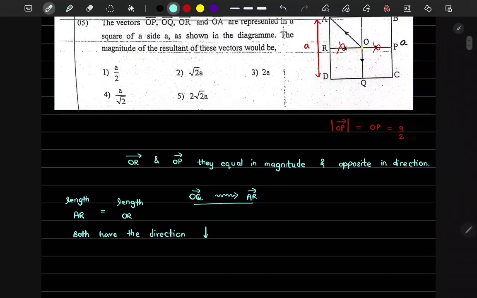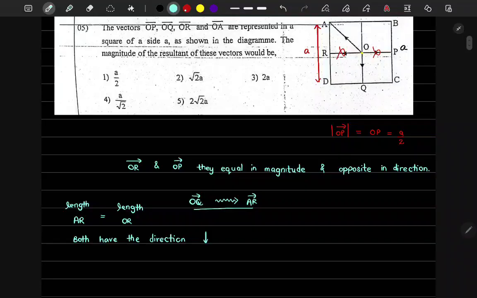So if I draw this diagram again, if I draw this square again, it will be drawn in this manner.